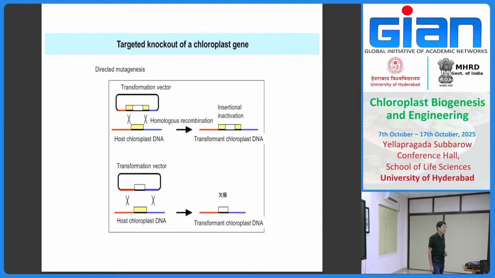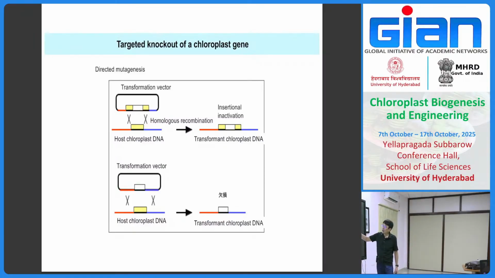What happens if you introduce a transforming vector into the chloroplast? This is an example of targeted knockout of a chloroplast gene.